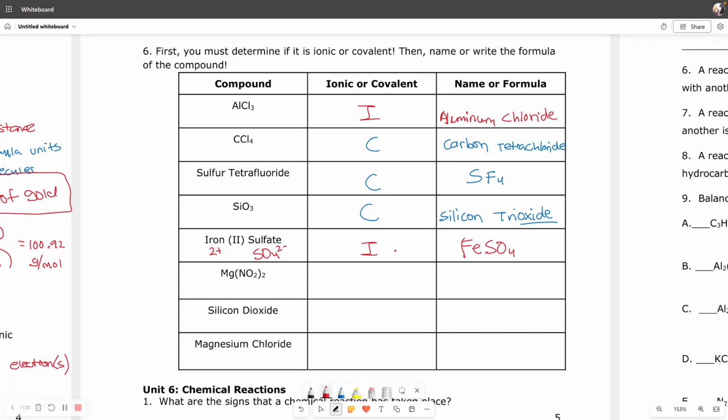All right. Next up, we have MgNO2. Magnesium, Mg, is a metal. Ionic compound it is. And to write this, we would use the ionic rules. In this case, we do not use the Roman numerals because magnesium is a metal with a defined charge. It is not a transition metal. If you look on your periodic table, element 12 is going to be magnesium. Magnesium holds a 2+ charge.